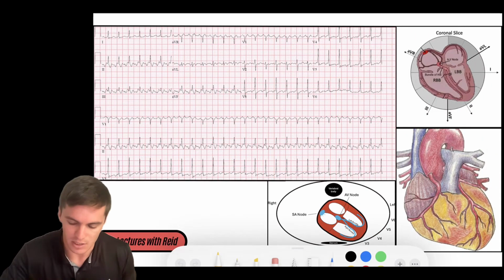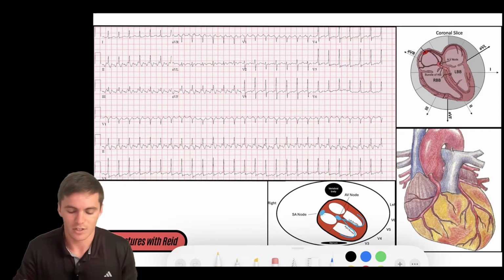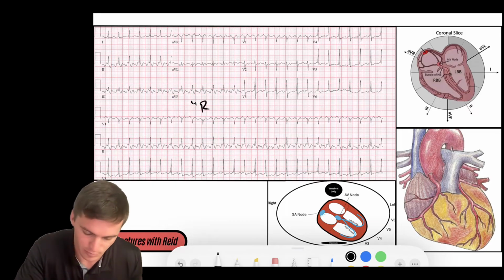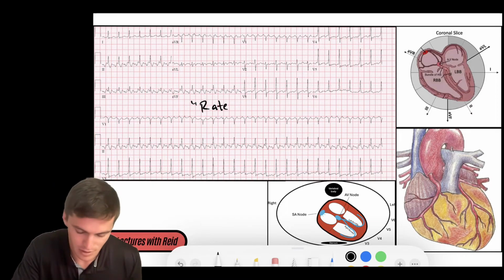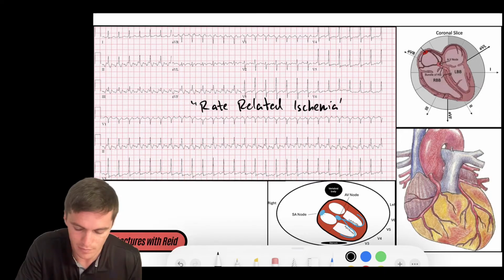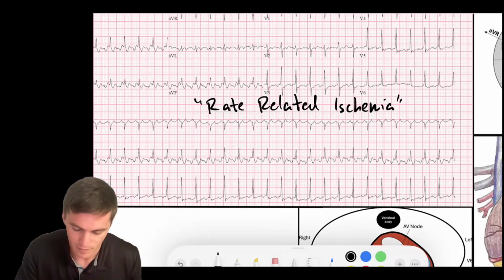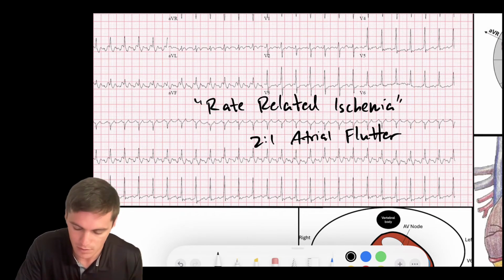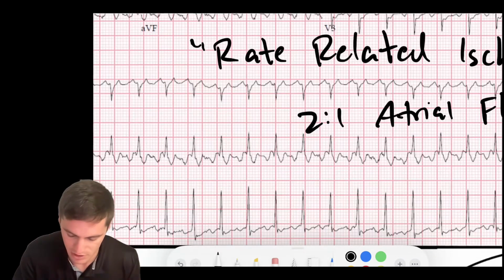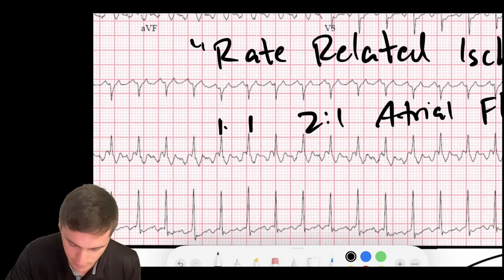So the first EKG here, this is an example of what I would call rate-related ischemia, before we get into the big STEMIs, because the rest of these are going to be STEMIs. This EKG is 2-to-1 atrial flutter, and the rate of this EKG is super fast.